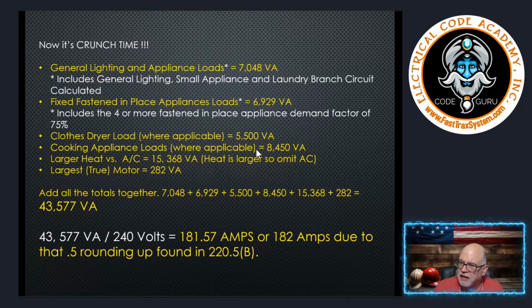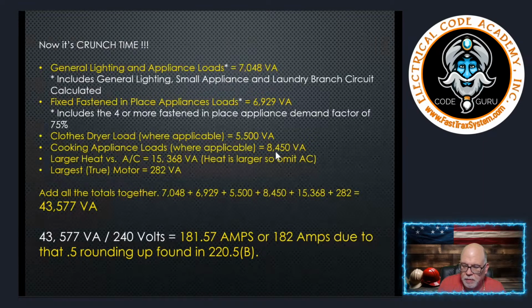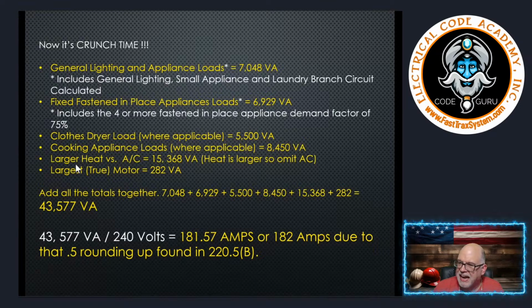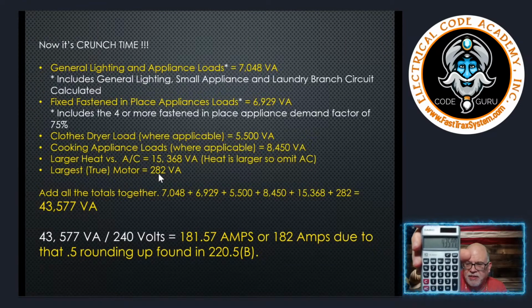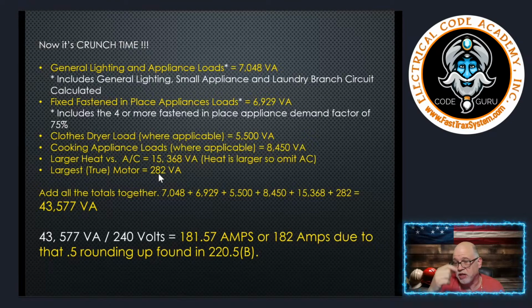We had the cooking, if you remember, it was 8,450. We had the AC versus heat, and obviously the heat won. So we have 15,368. And then we have that largest motor at 282. So that should give me 43,577. Exactly what I have here, exactly what you should have as well. All right, we added all that up.